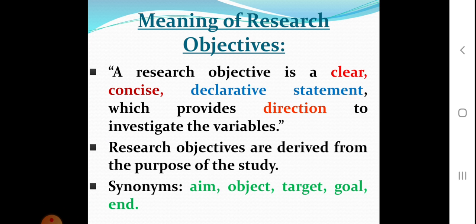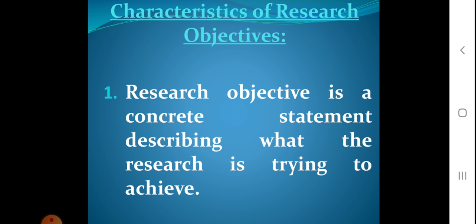The next subtopic is characteristics of research objectives, means features of research objectives. Dear students, a good research objective possesses the following characters. The first character is that a research objective is a concrete statement describing what the research is trying to achieve.